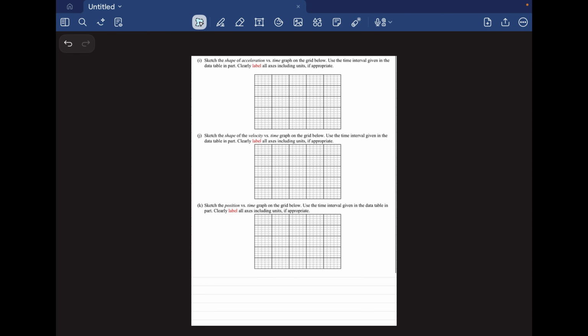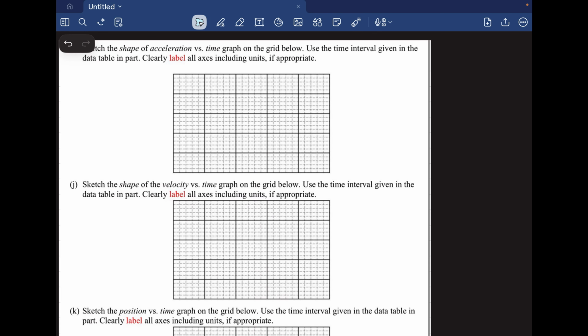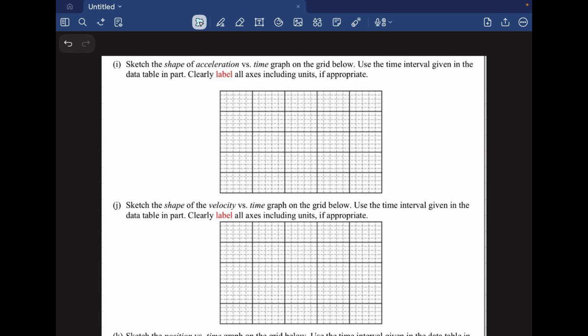And then for the last part, I'll just sketch out the graphs. So this one, I want an acceleration versus time graph. So acceleration, which is meters per second squared, over time, which is in seconds, right?